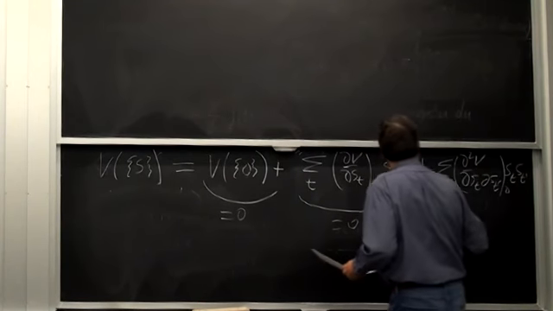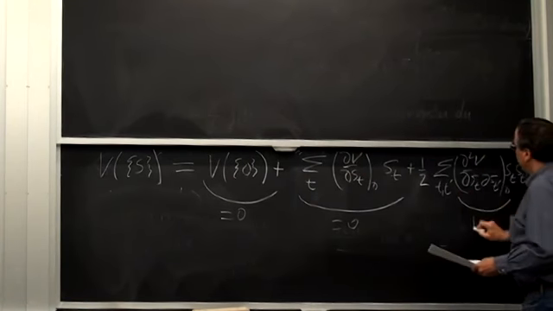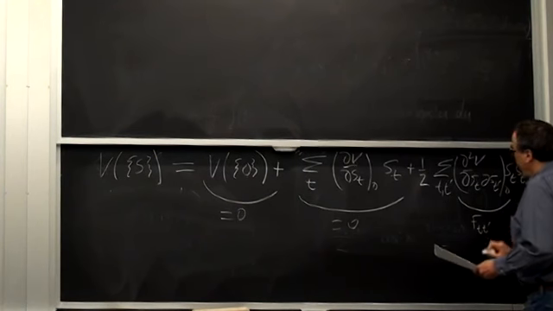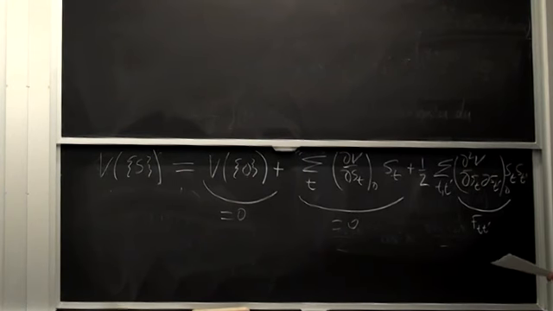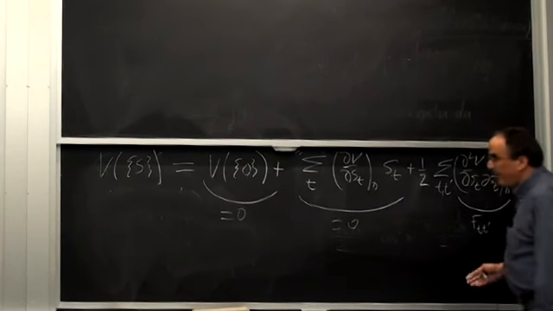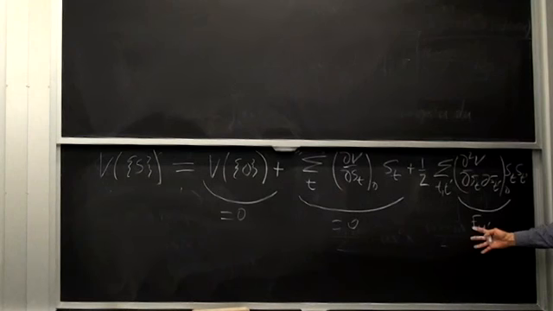And so what we have left is this, and that's just called ft prime. So we're defining the F matrix in terms of the internal coordinates.